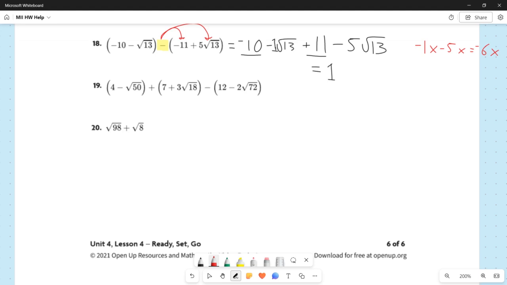So we're going to apply that same concept to this. Negative 1 root 13 minus 5 root 13 is negative 6 root 13. Just like over here you'd have negative 6x, now it's negative 6 root 13. And like I said, we can't simplify the square root of 13, which means that is our final answer.